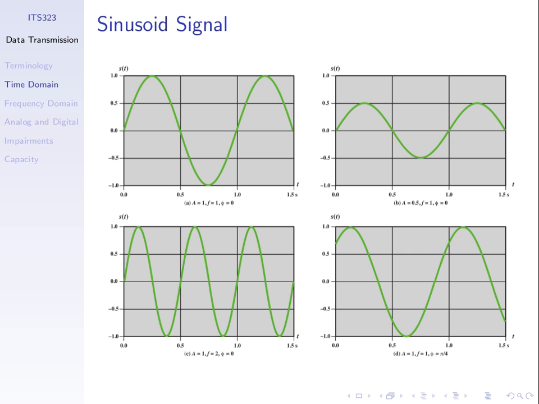By looking at the graph, what's the peak amplitude of this signal? What's the highest point? 1. It has a peak amplitude of 1. That is, uppercase A is 1. Then the general form is sine 2 times pi times f times t. What's f? What's the frequency of this signal? 1.